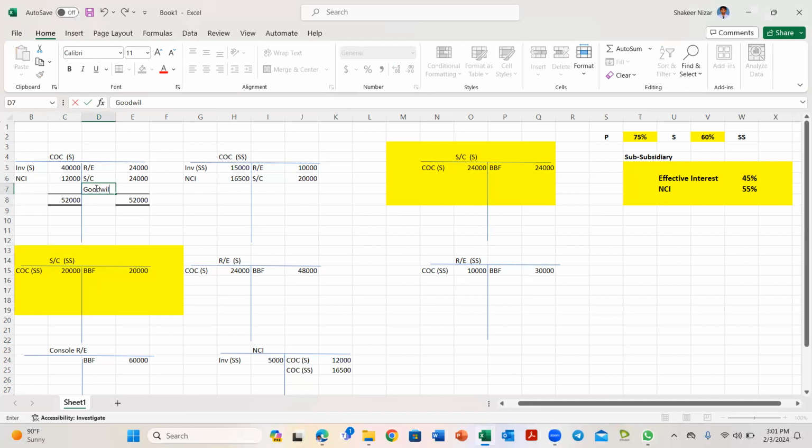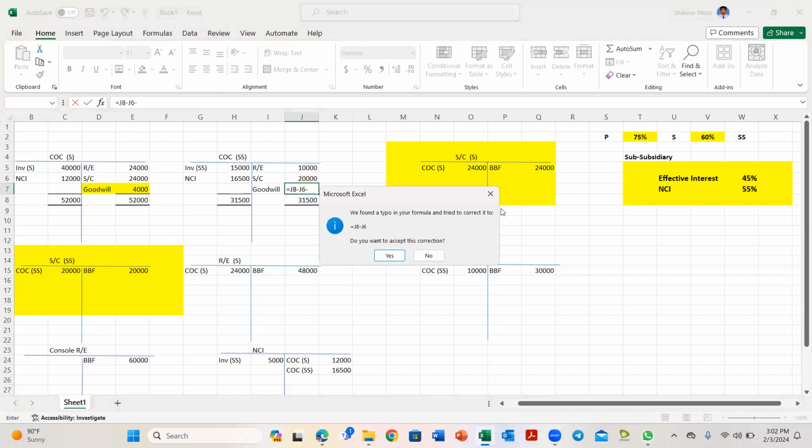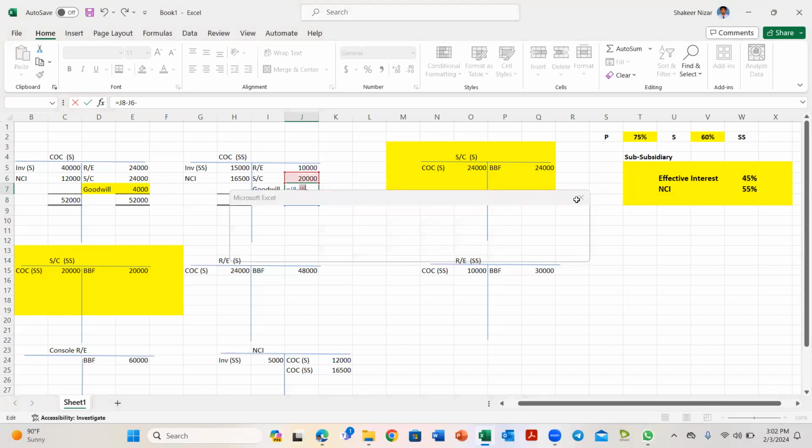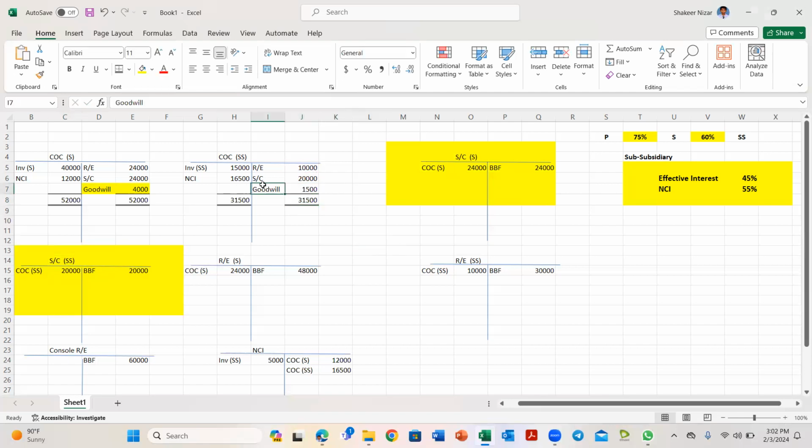Goodwill is 4,000 here, and here again, goodwill is 1,500, right? You can see here.